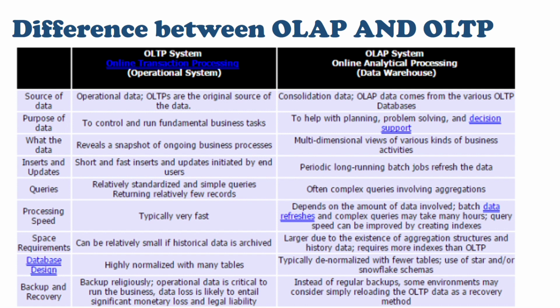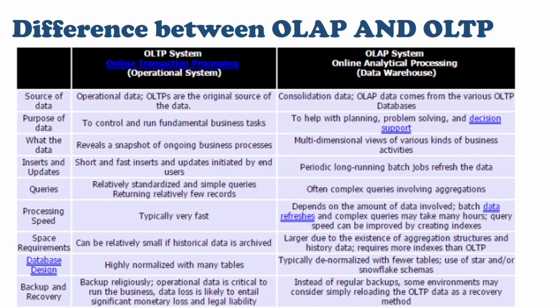Now, the purpose of the data. The OLTP data is used to control and run fundamental business tasks, whereas OLAP data is used to help with planning, problem solving, and decision support. OLTP reveals a snapshot of the ongoing business process, and OLAP reveals the multidimensional views of the various kinds of business activities.